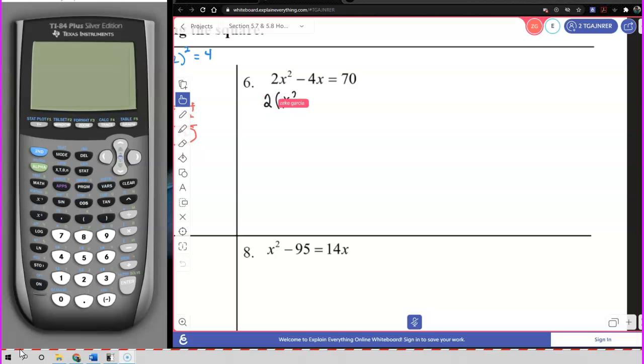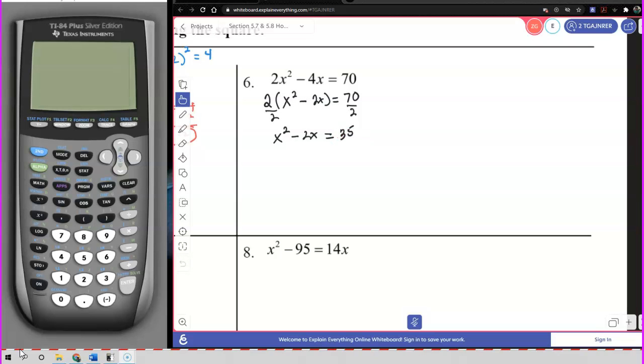We're left with x squared minus 2x. And if you look on the right, I have a 70 there. So now, since I don't want the 2 here, I'm going to divide by 2. So what do I have? I have x squared minus 2x equals 70 divided by 2, which is 35.